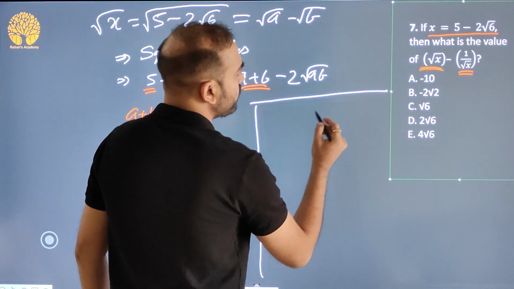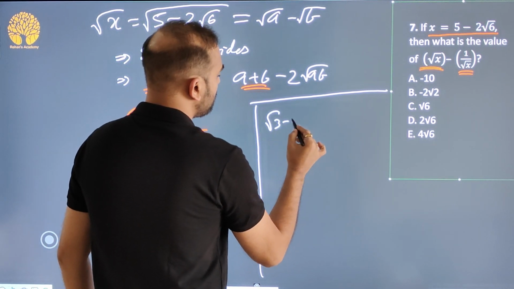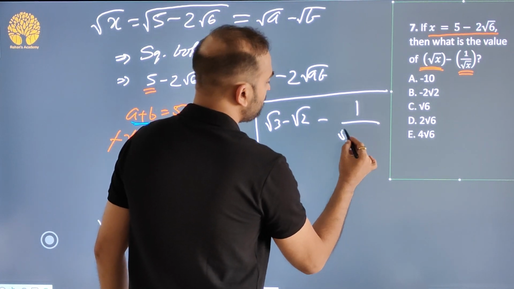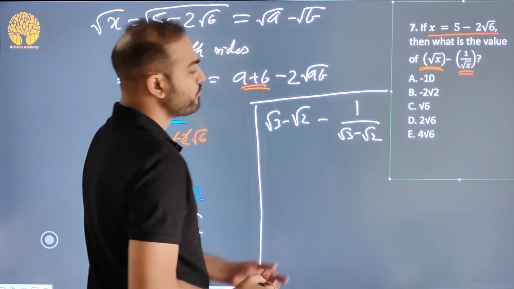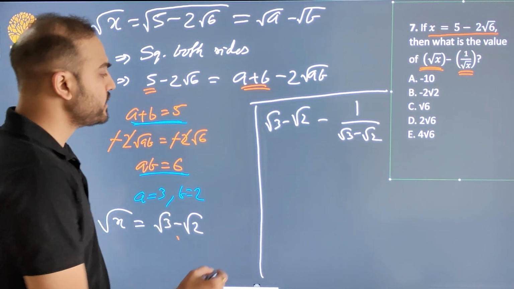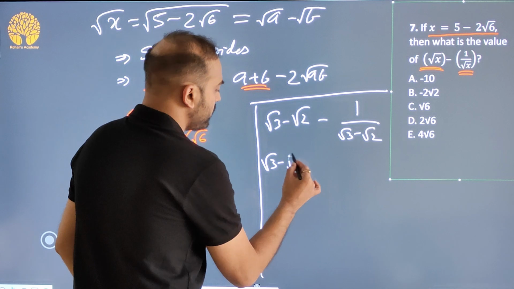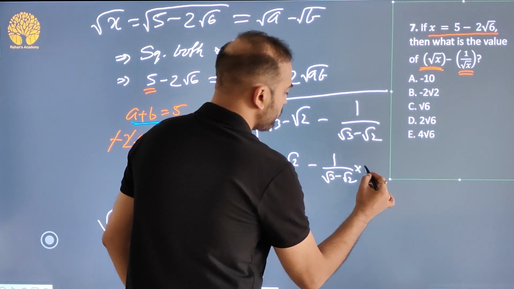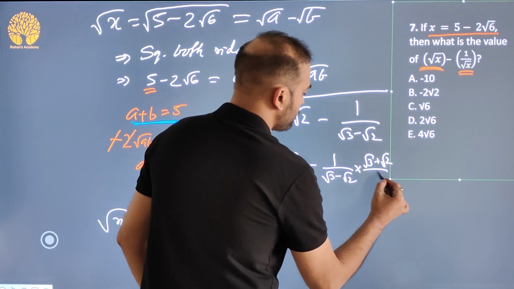Substitute the values. What do we have? Root 3 minus root 2 minus 1 over root 3 minus root 2. Again, we don't want root in the denominator. Rationalize: multiply by root 3 plus root 2.